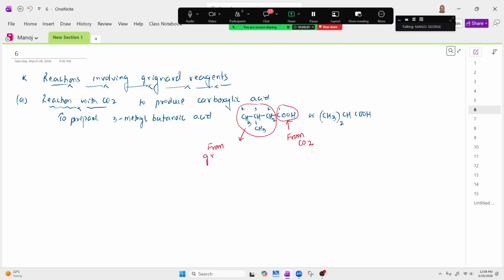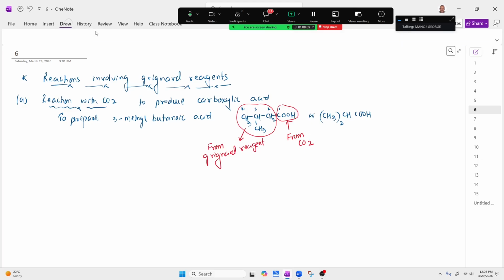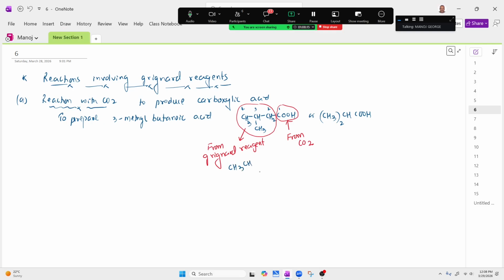So this is how you're going to break the whole thing. And because I need a Grignard reagent who can give me that, tell me if it makes sense to you that I need CH3, CH3, CH2. I need this part from the Grignard reagent, correct?